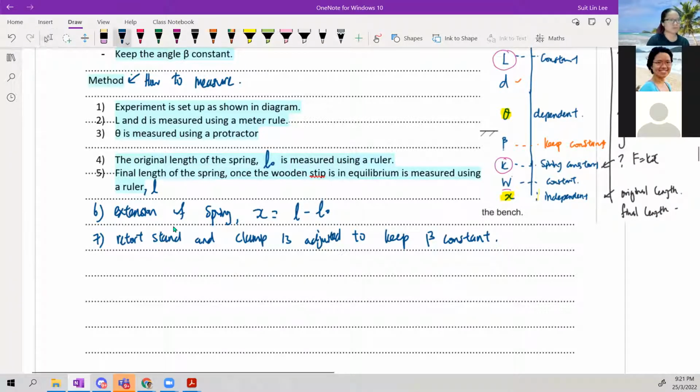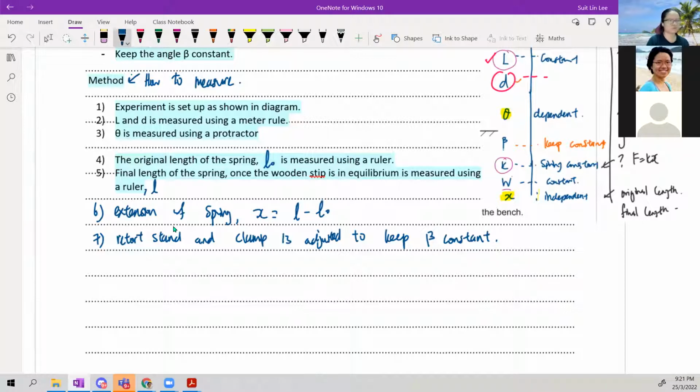All right, so let's do a roll call. About L, anything else extra you want to say about L? L is very straightforward. You just put it on a ruler and you measure. It's fine. Okay, D. D is kept constant.